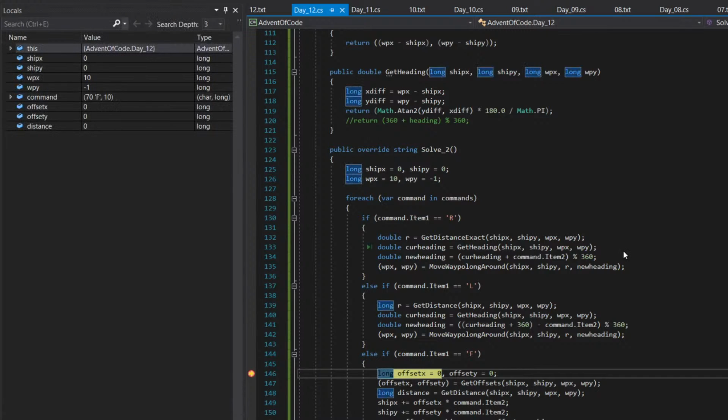Let's see that occur just in case. F7, so we're at 100.